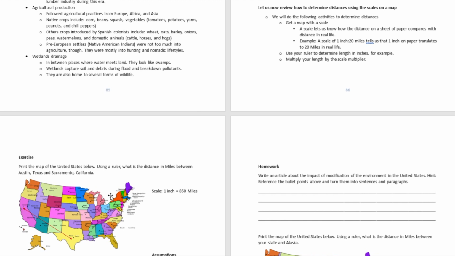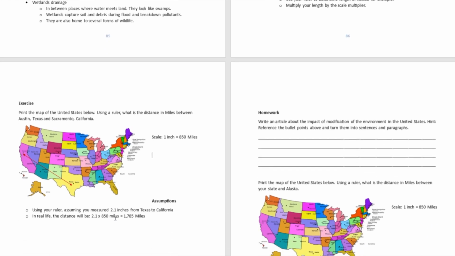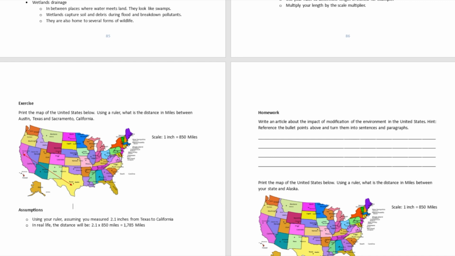Now if you were to go to your Google map and ask what's the distance between Texas and California, it's going to come pretty close to something like this. So our method of determining distances using maps and the scales associated with those maps works for us just like that.